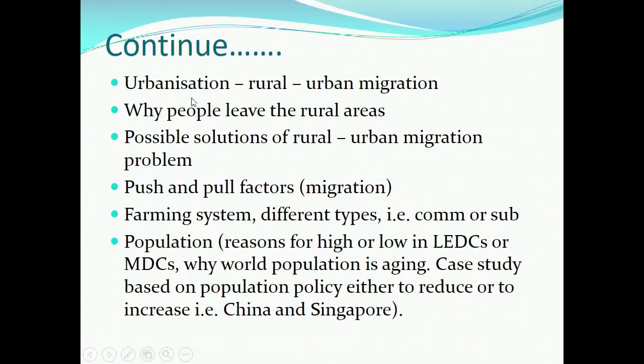Therefore, again, when you study it, you cannot just leave it there. Understand the reason why people leave the rural areas and come to urban areas. You can also look at the impact it is going to leave on the place where people are moving. What problem is it going to leave there?